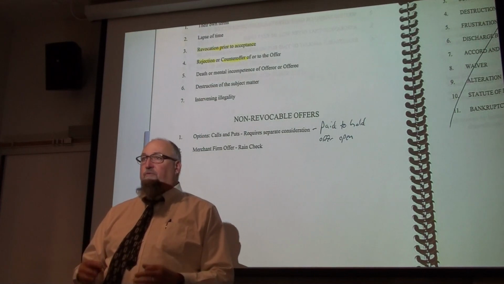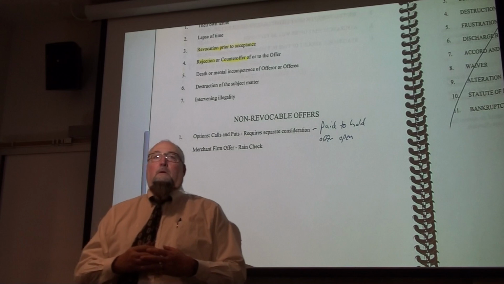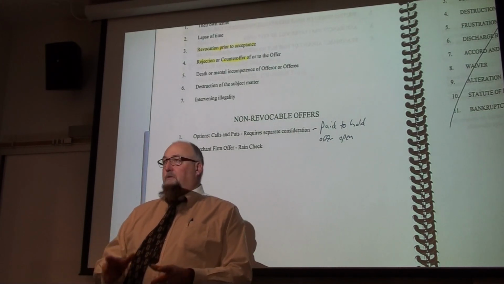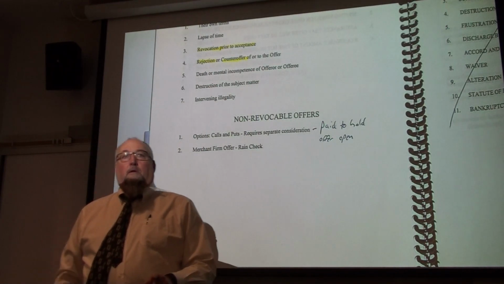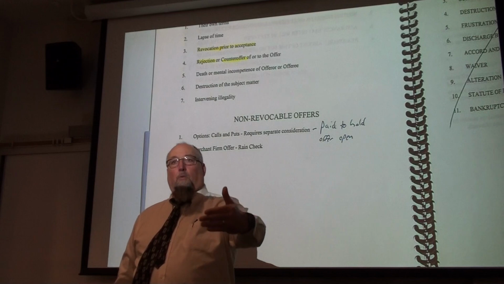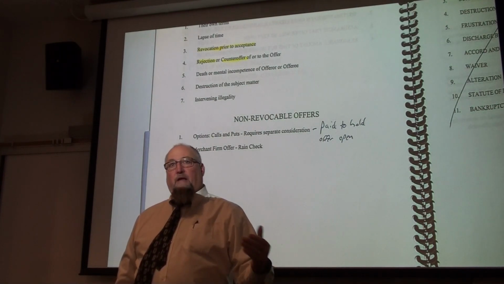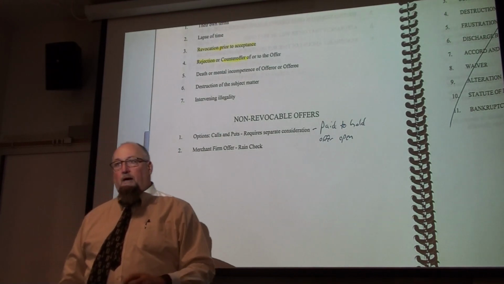So Bi-Mart, Safeway, Fred Meyer, Walmart, Costco, etc. So if a merchant gives a customer a written document, could be a little note, agreeing to hold open a price, even if you don't pay the merchant, that is considered to be a firm offer by the merchant and therefore an irrevocable offer.